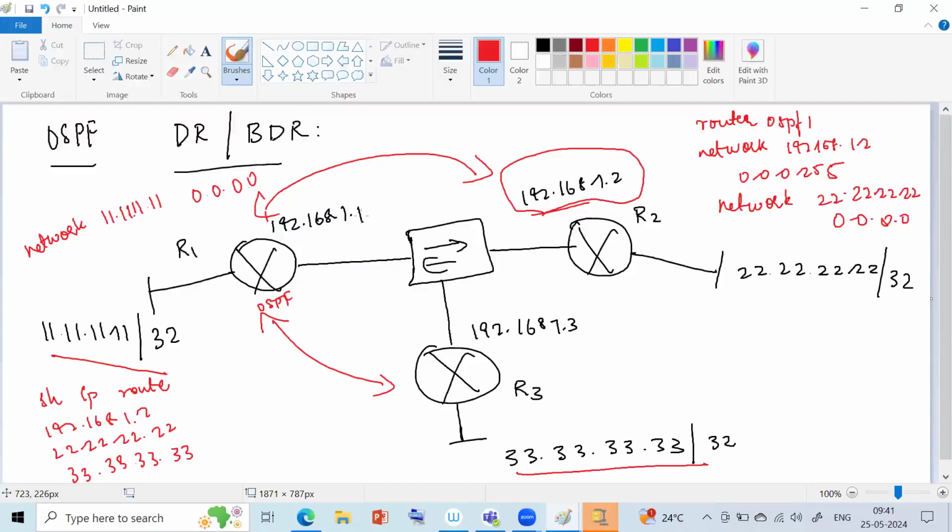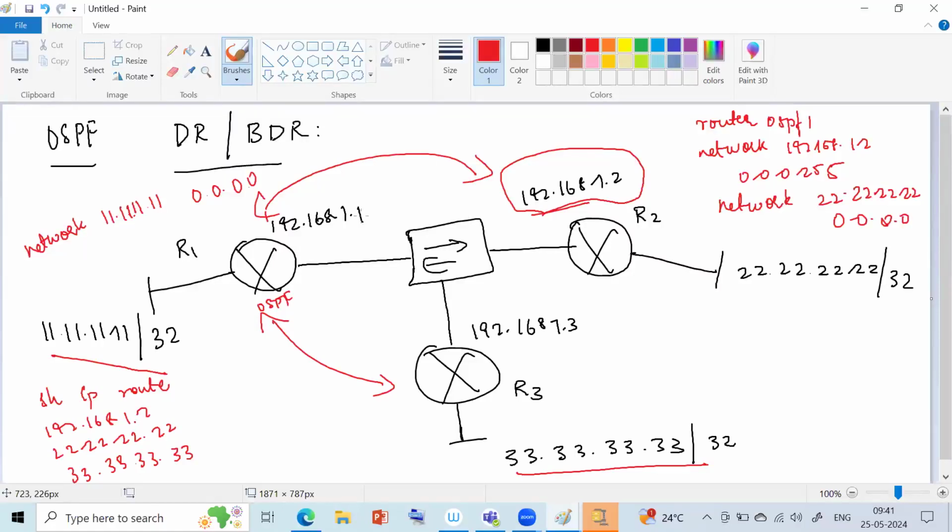No, no, no, not at all. That is not the correct understanding. A /32 mask can always be given to any IP address.